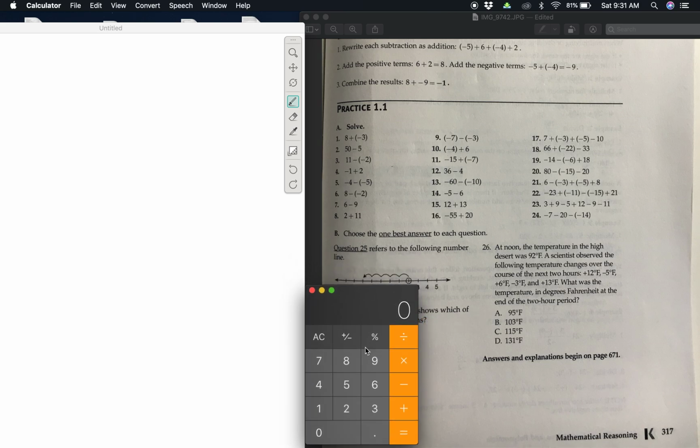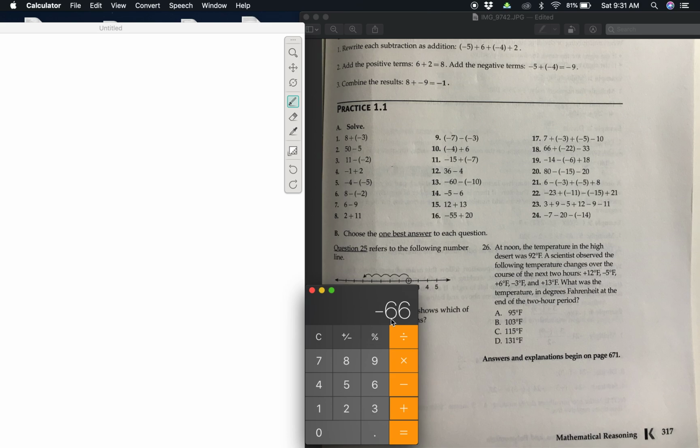Okay, so 66 plus the negative sign, -22, equals, does not equal -64. Let me see. 66 plus negative.